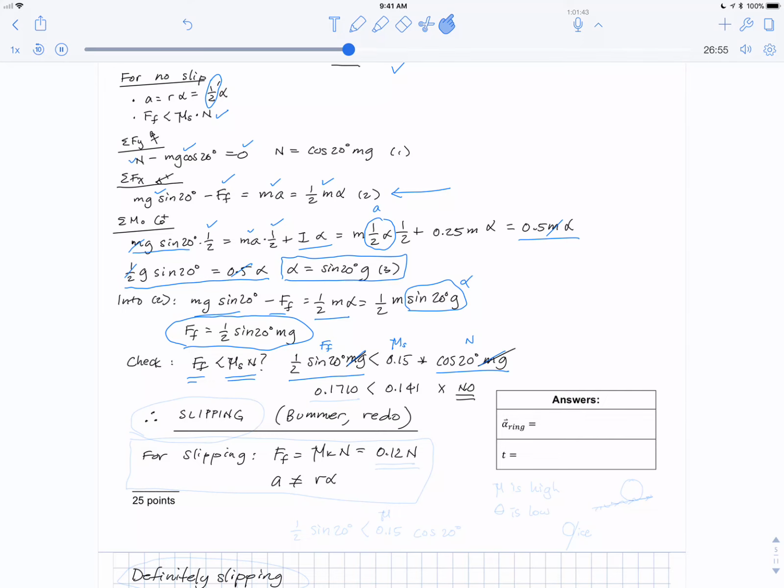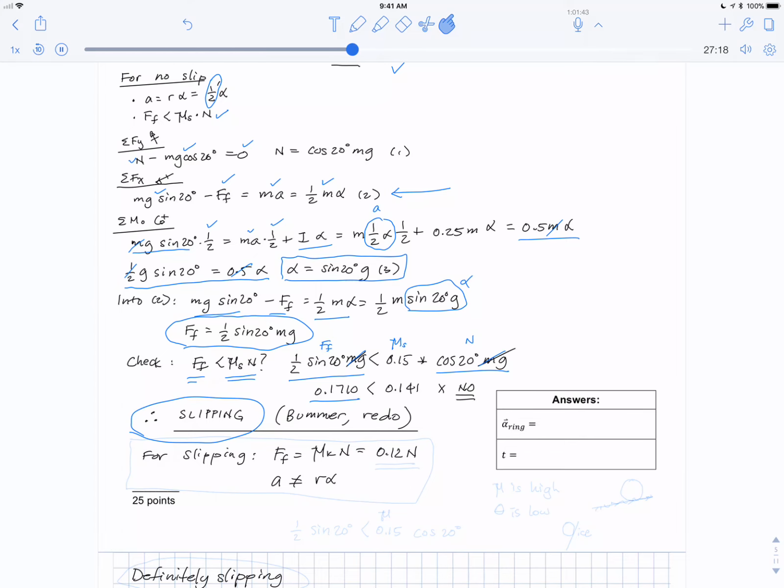Okay, so 1/2 sine 20 degrees is 0.171, and 0.15 cosine 20 degrees is 0.141. It is not less, so no, it is not rolling without slipping. It is slipping.